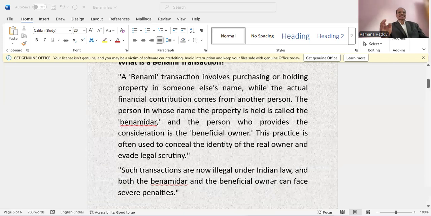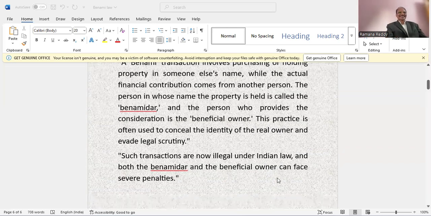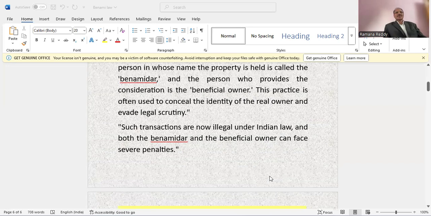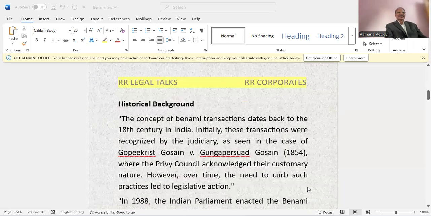This practice is often used to conceal the identity of the real owner and evade legal scrutiny. Such transactions are now illegal under Indian law, and both the Benamidar and the beneficial owner can face severe penalties.